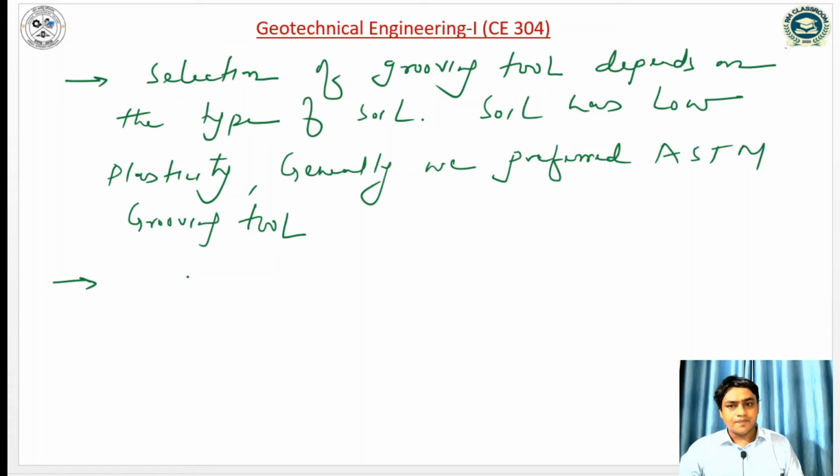After that, rotate the handle at 2 revolutions per second until the two parts come closer to each other, and at that time count the number of blows. About 10 gram of soil sample is taken from where the soil has come closer, and the moisture content is computed by the oven drying method.